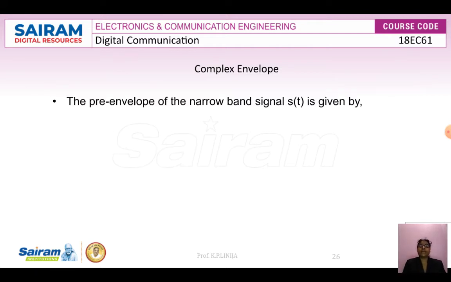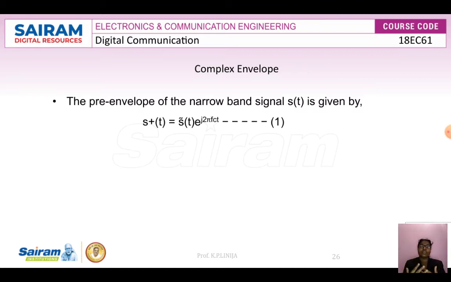Now the pre-envelope of the narrow band signal S of t, we already calculated the pre-envelope of the signal. We can write it as S plus of t equal to S bar of t into e power j 2 pi Fc t.